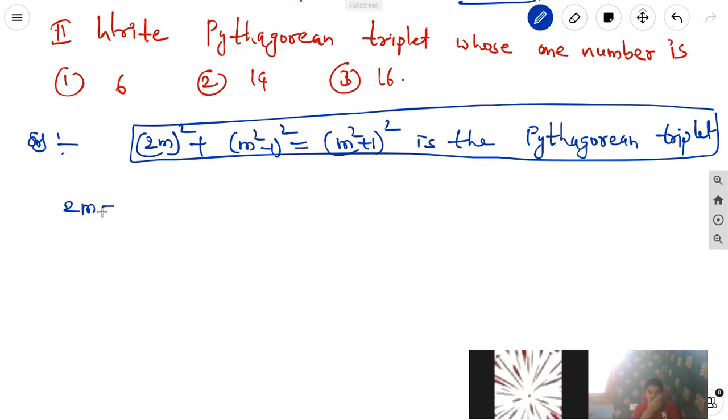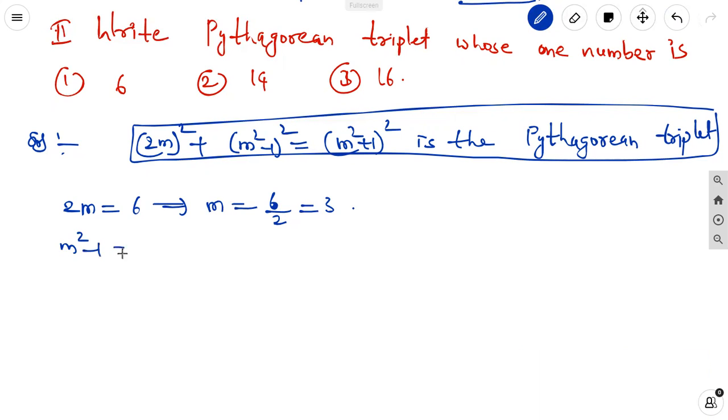The number we can take, 2m equal to 6. From this, m equal to 6 by 2 equal to 3. Next, to find out m square minus 1. 6 sixes are 36 minus 1. It is equal to 35. Next, m square plus 1. It is equal to 36 plus 1 equal to 37.